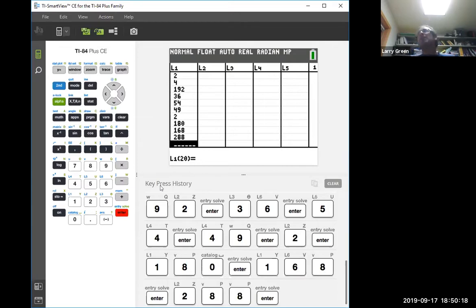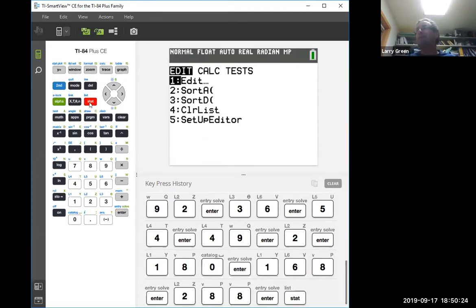All right, so once you have all your data in, the next thing you do is go back to the stat button. And how do I make the table? If you watched, I hit stat, and then I hit enter on edit, and it popped me to the table. I didn't make the table. The table is part of your calculator. The videos are also online.